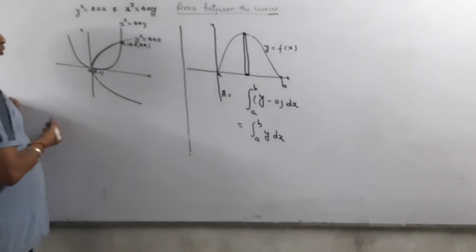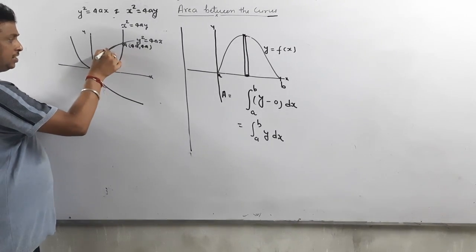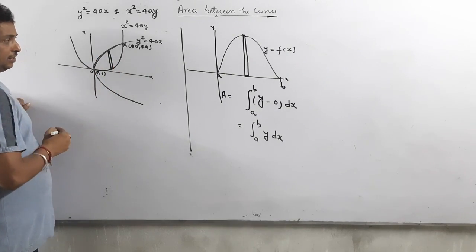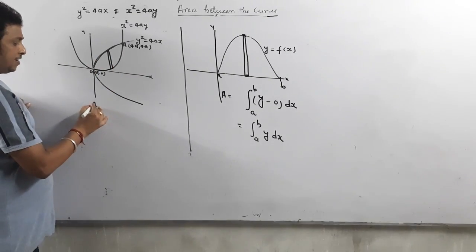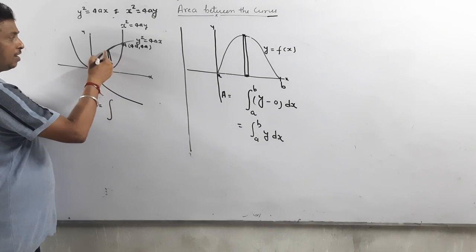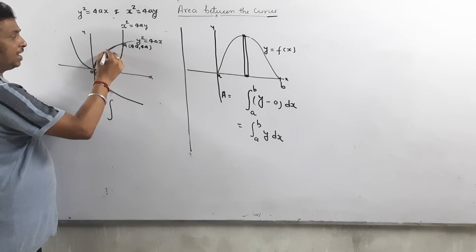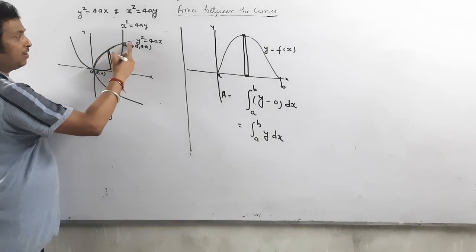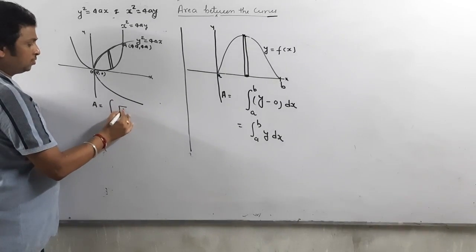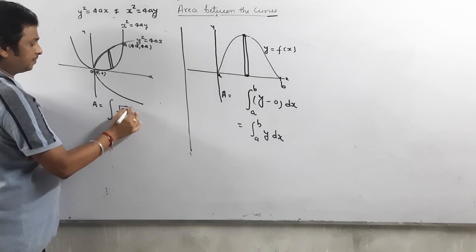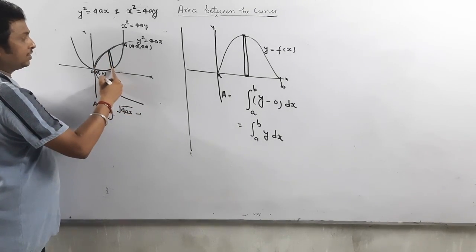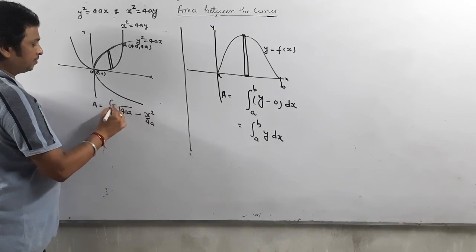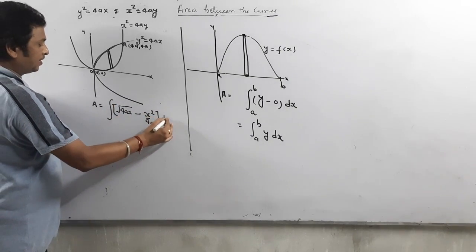So now I am going to calculate the area. What is the procedure? Draw a vertical line in this region. Now what is the area? The y value at the upper end: the upper end lies here. What is the y value? Root 4x. What is the lower end? The lower end lies here. What is the y value? x square by 4a, dx.